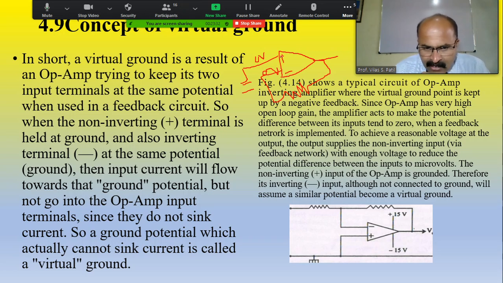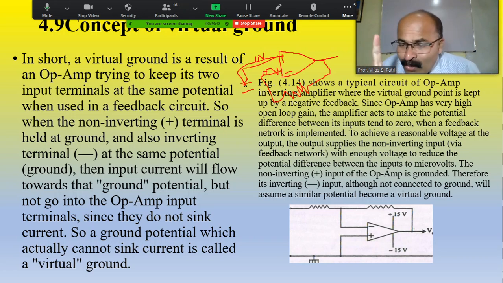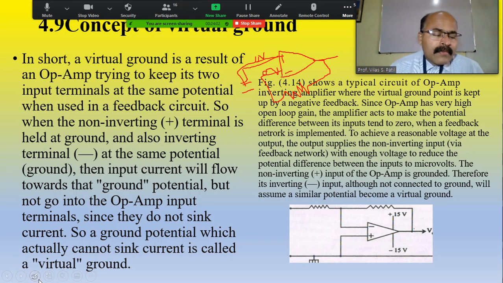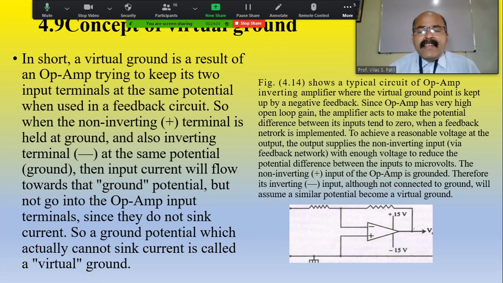That is, the non-inverting terminal is already grounded, but here the inverting terminal input also acts as ground potential or zero potential, and here the virtual ground concept is very essential. The potential of the inverting input terminal becomes zero.